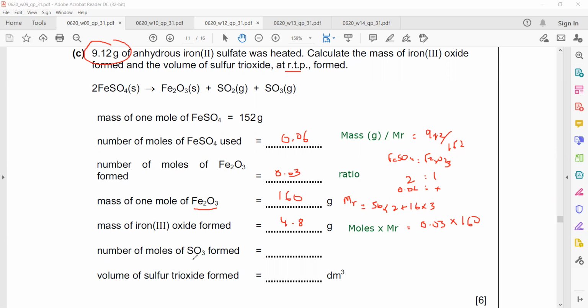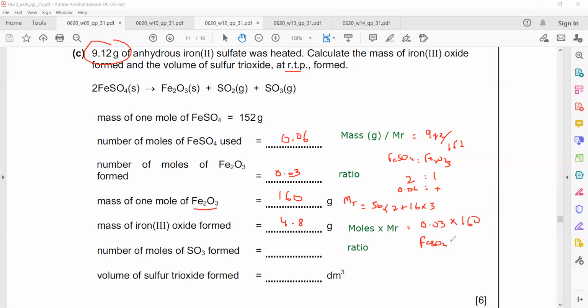Then number of moles of sulfur trioxide. Again, in the question nothing is given related to sulfur trioxide, so we will again use the ratio, and we'll take a ratio between iron sulfate and sulfur trioxide.